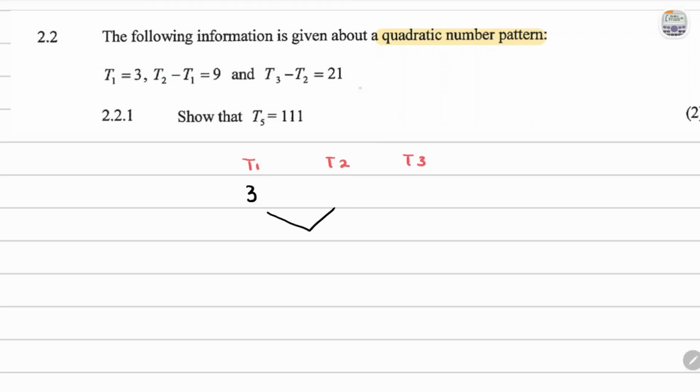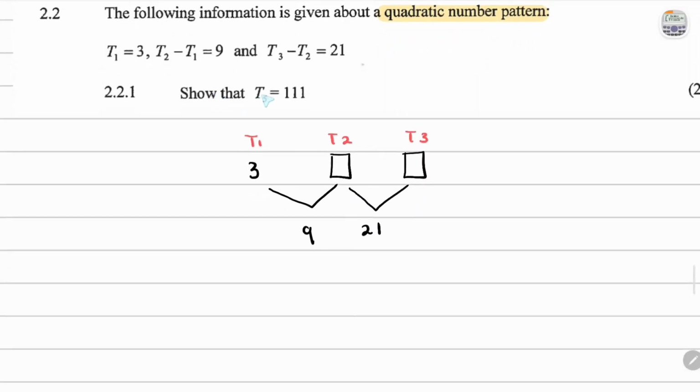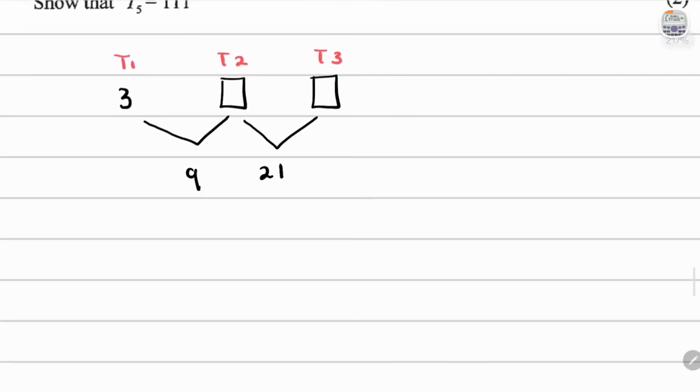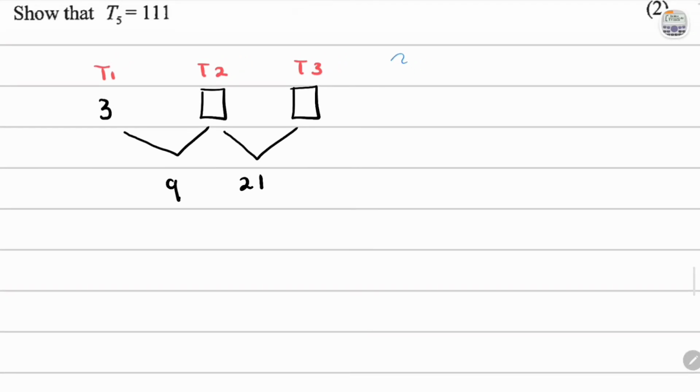So term 2 minus term 1 is 9. Okay, so that. And then term 3 minus term 2 is 21. So term 3, whatever that is, minus term 2 gives you 21. And we need to show that term 5 is equal to 111. Okay, so we just have to complete this, and we really just need to get to term 5.